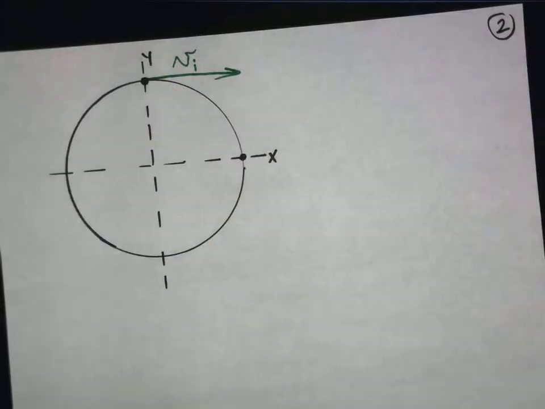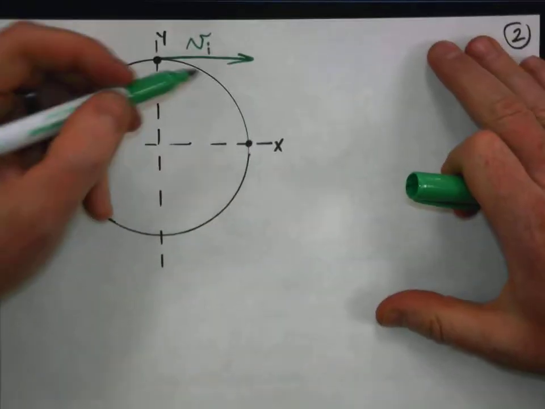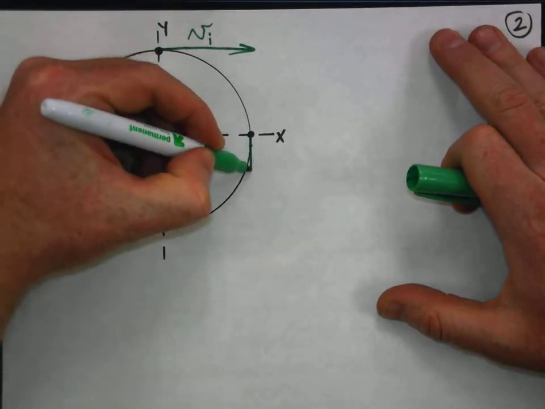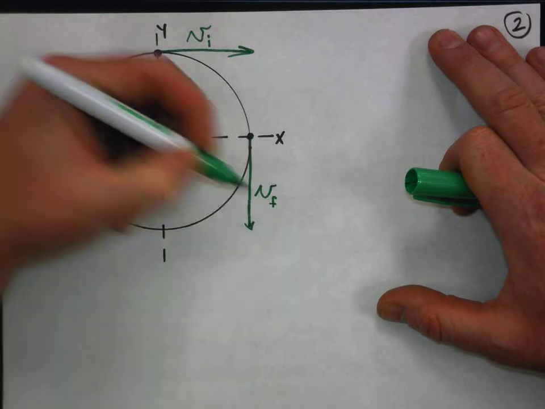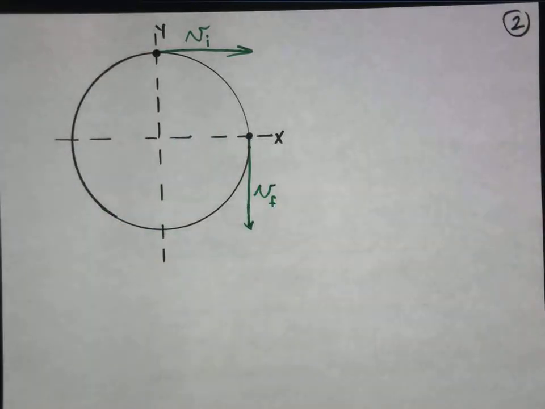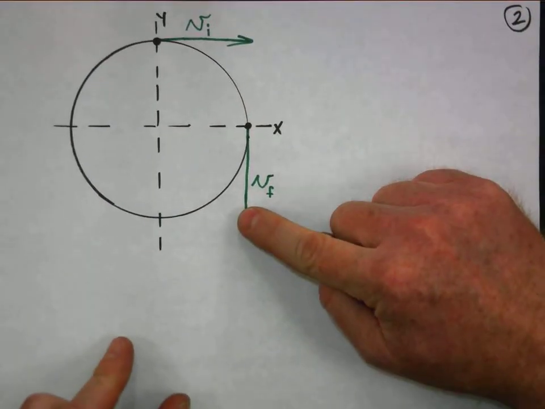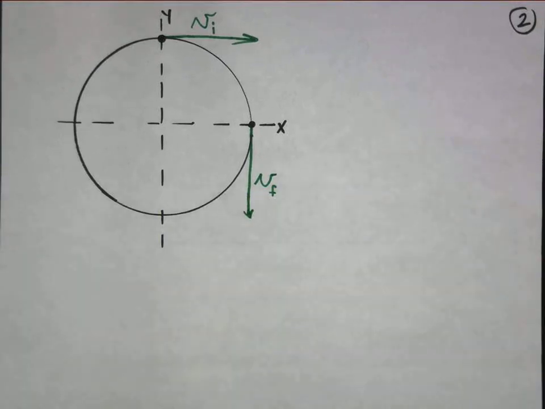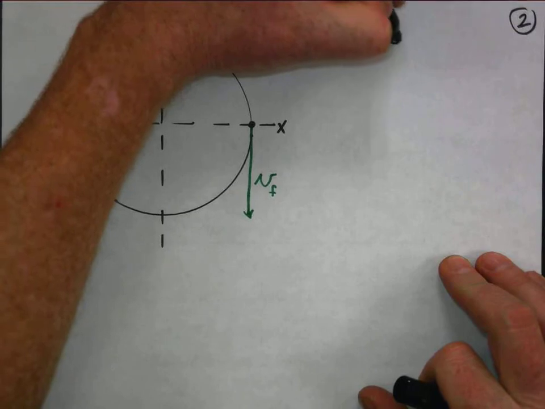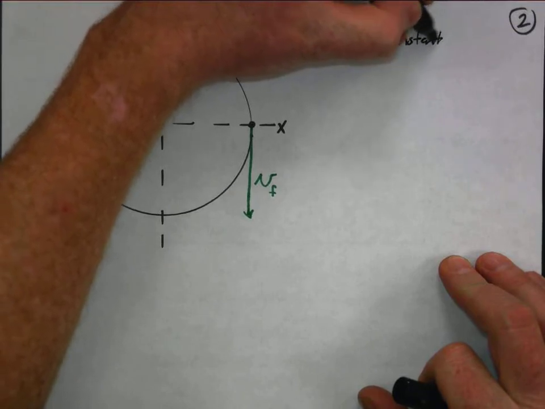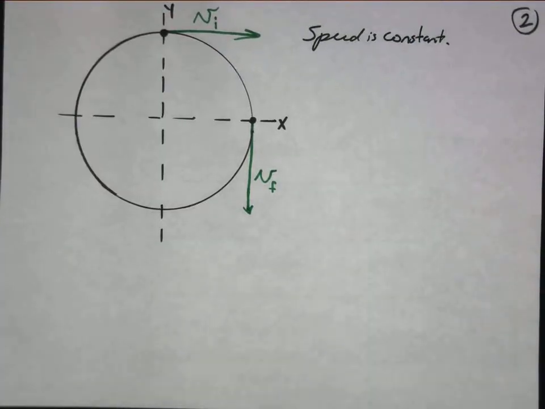And when it's here, the object is headed in this direction. So there will be a final velocity. So look at this. If I've drawn those two arrows the same length, then speed has remained constant. Speed is constant, but the direction has changed, and therefore there is a delta V. There's a change in velocity, and I want to show that to you.